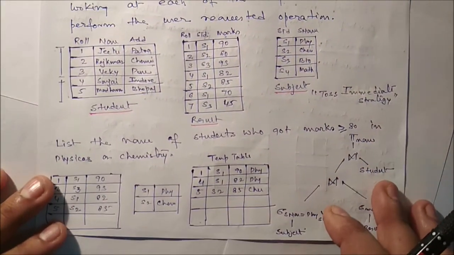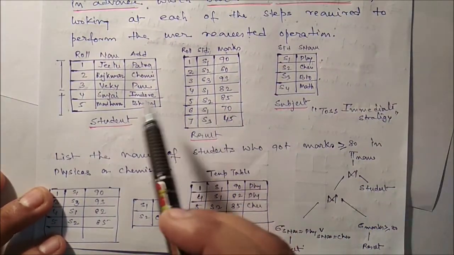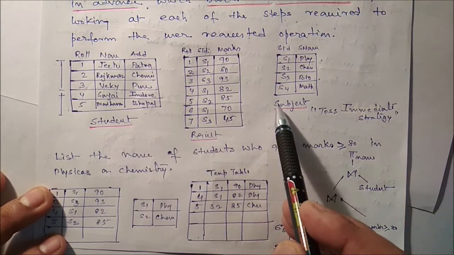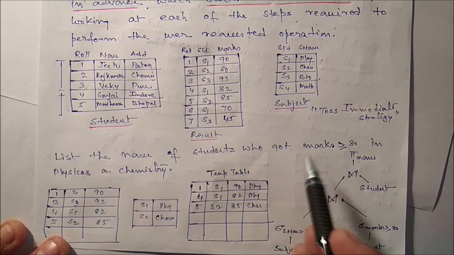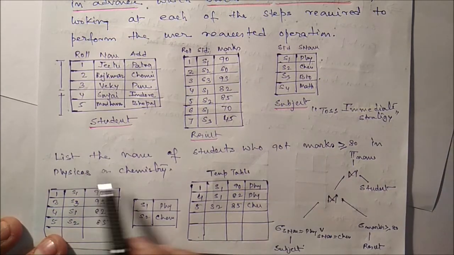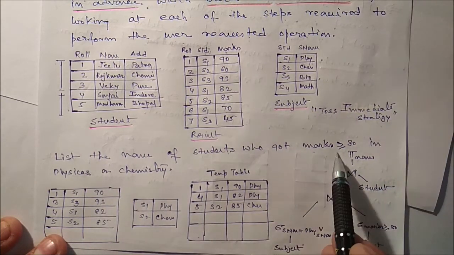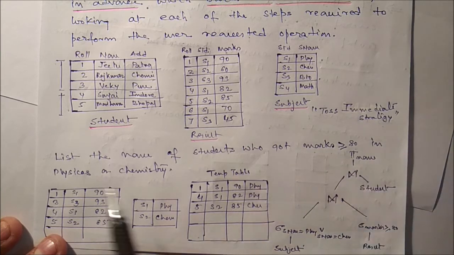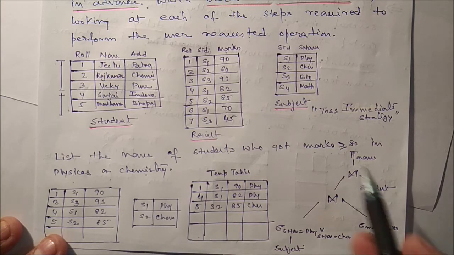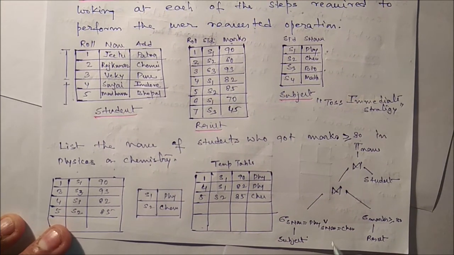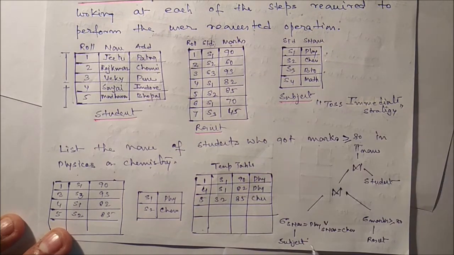We have three tables: student, result and subject. Now suppose one query is there: list the names of the students who got marks greater than or equal to 80 in the physics subject or the chemistry subject. This is nothing but our relational algebra.